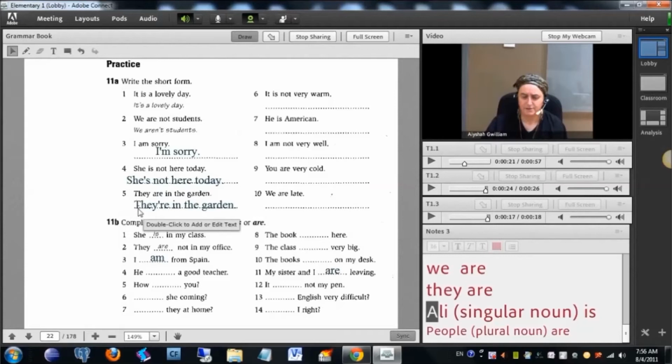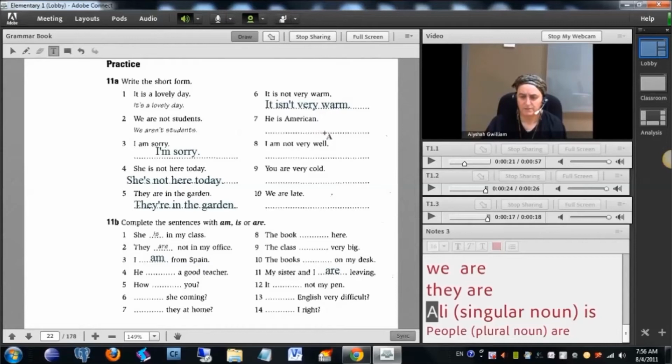Check that you've put a capital letter also, and that you have a full stop. Okay, let's go on to number 6. It is not very warm. It isn't very warm. Full stop. It isn't very warm. Very good.